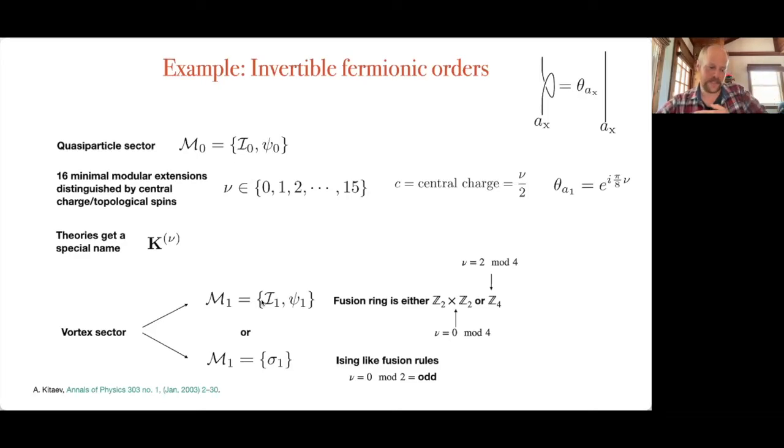And then you can just compute all the consistent braidings, so R matrices and F matrices on that set of theories. And you'll find that the topological spins are all fixed to a root of unity of this form. So I don't know if that actually answers your question, but that's what you find.